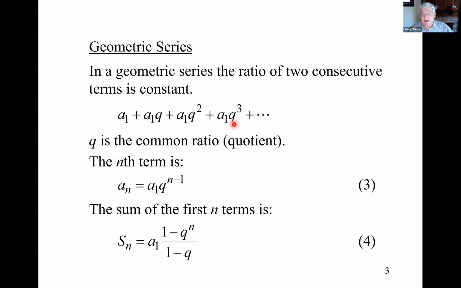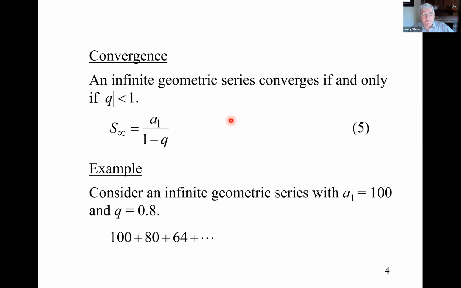And even if you have an infinite number of items, the series actually is converging. So we have here a very useful formula. An infinite geometric series converges if and only if the absolute value of q is less than 1. Again, we will show in the tutorial how equation 5 can be derived.